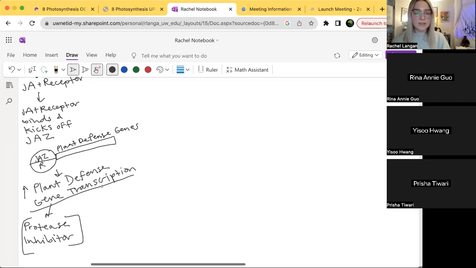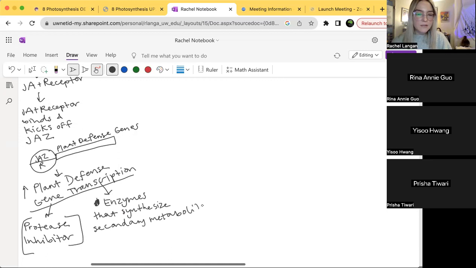But there's lots of other things that happen. So another one that you should know is that it's going to create enzymes that synthesize secondary metabolites. So how's that a good defense?